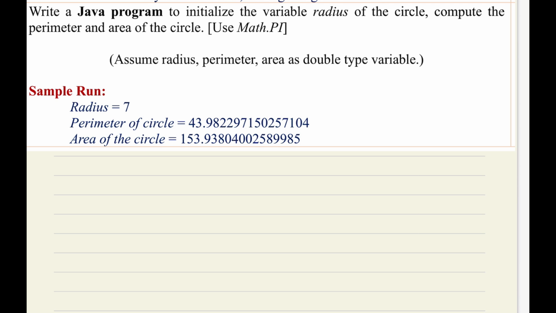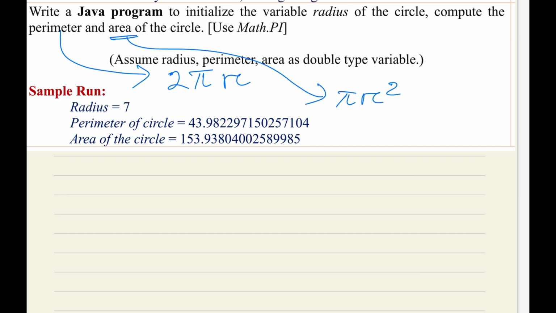The formula for perimeter is 2 pi r, r is for radius. Then for area it is pi r square.